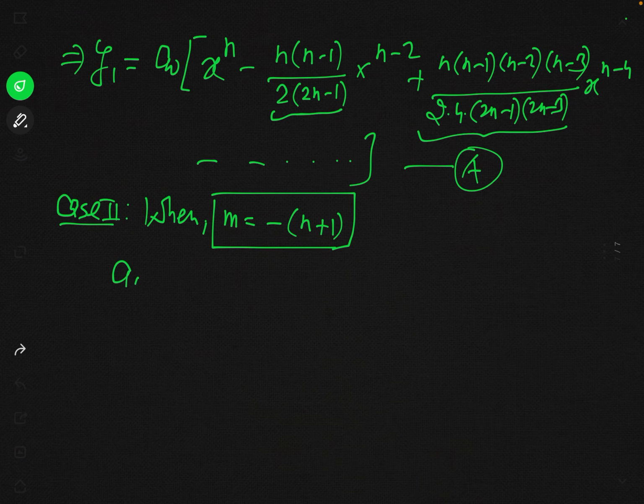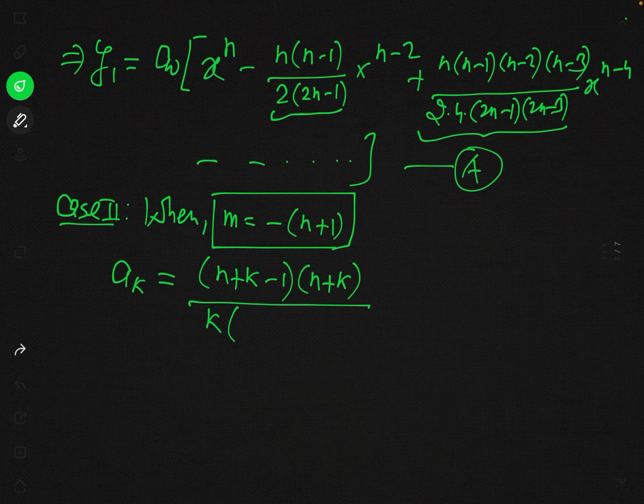When we take m equal to minus n plus 1, then from that recurrence relation, ak in this condition will be equal to (n plus k minus 1) into (n plus k) over k into (2n plus k plus 1) into a(k minus 2).